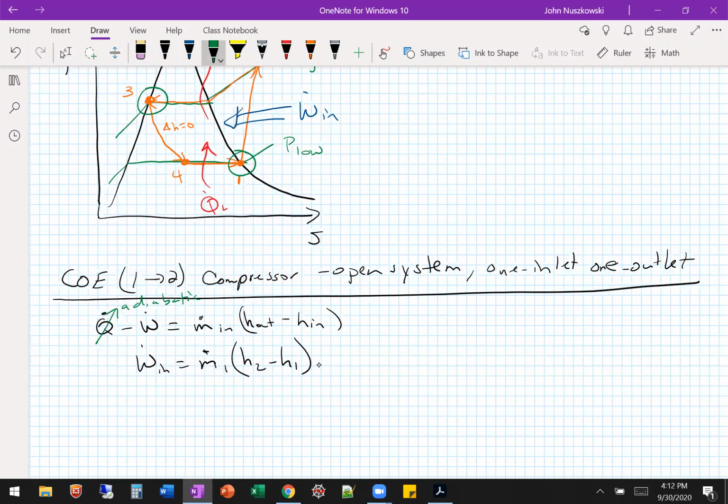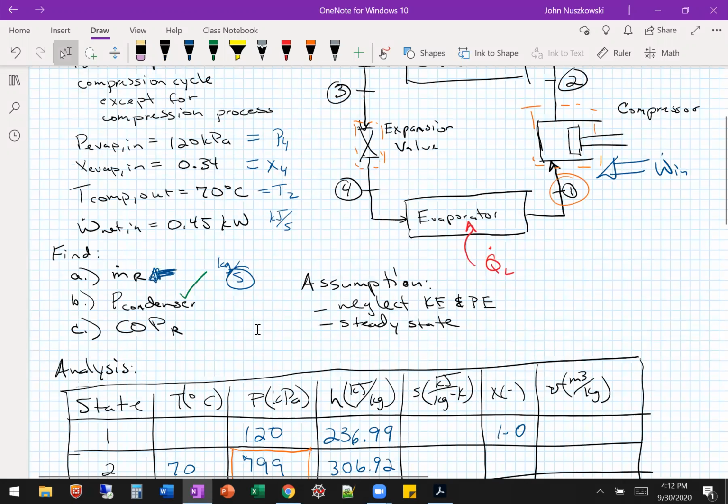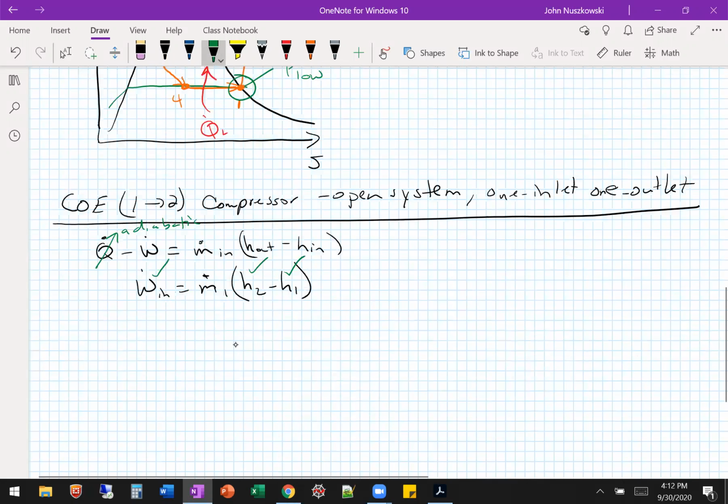So if we look at that, we have enthalpy 1. We've already figured out enthalpy 2. We have our power in, right here. So the only unknown then is our mass flow rate.